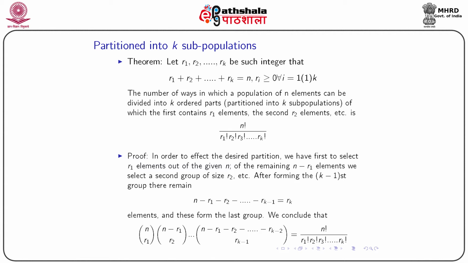Thus we prove this theorem, where we say how to divide the whole population into k subpopulations, where each group can contain more than one element.